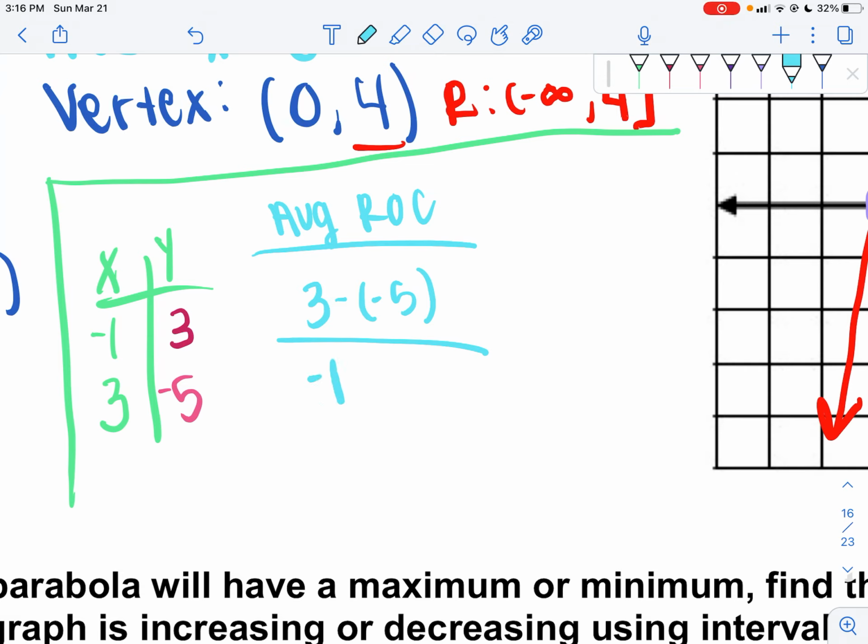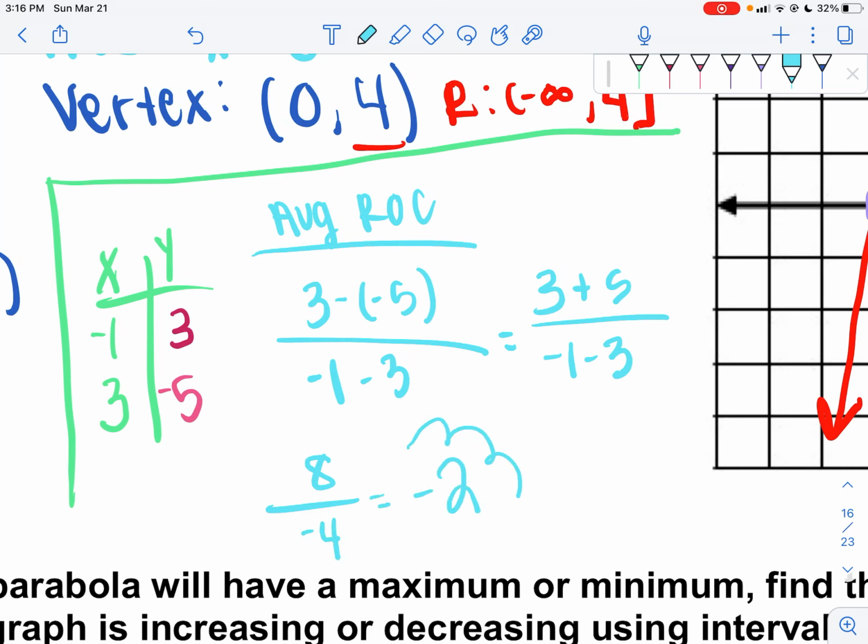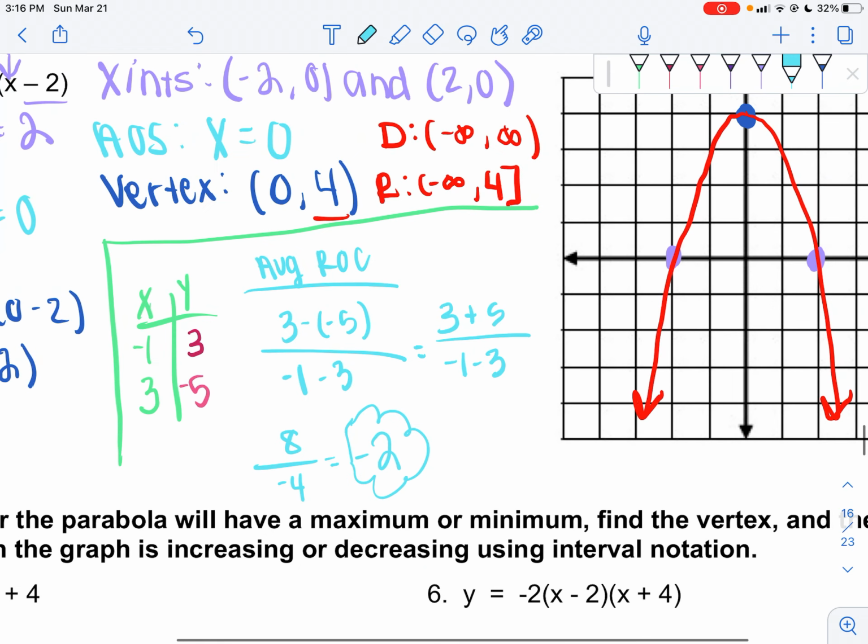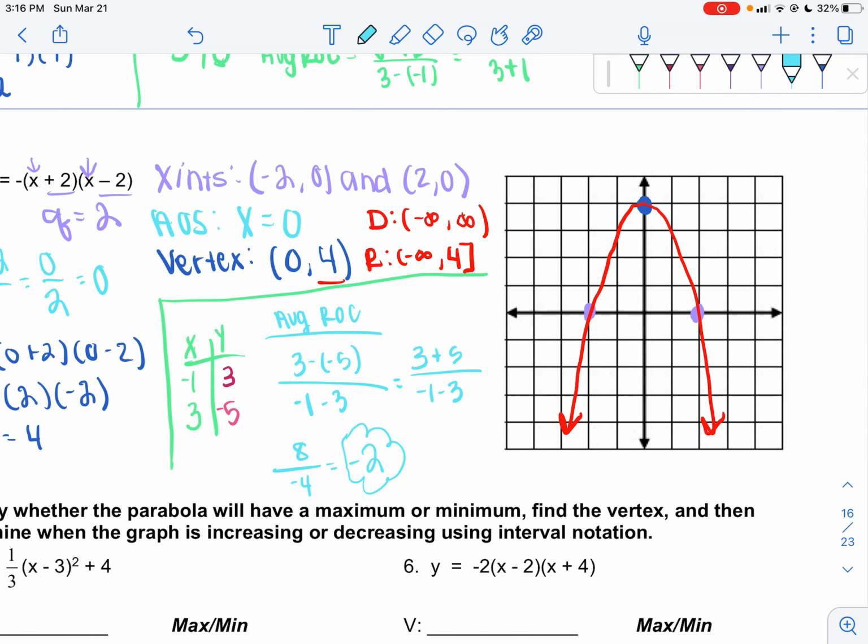So -1 minus 3. When we subtract a negative, that becomes plus. Okay, so 3 plus 5 gives us 8. -1 minus 3 gives us -4. And so our average rate of change is -2. Okay, and if we look from the point when x is -1, and then 3, -5 would be down here, we can see that we have that negative slope.